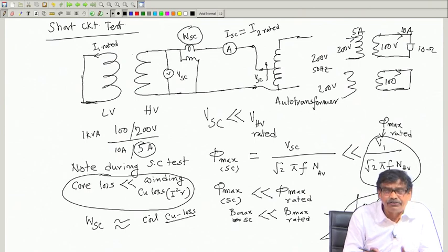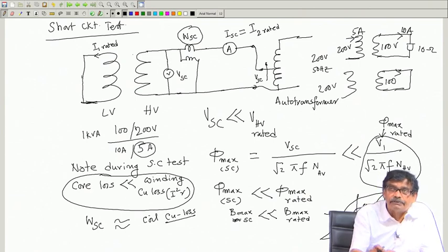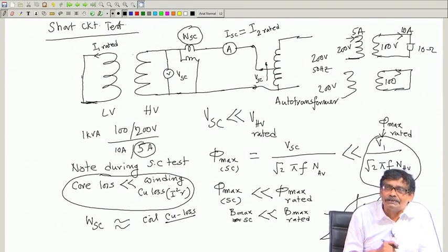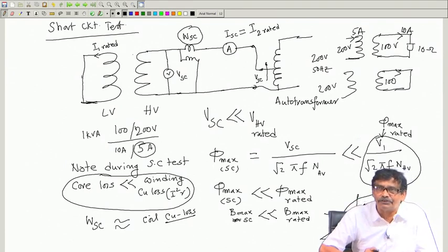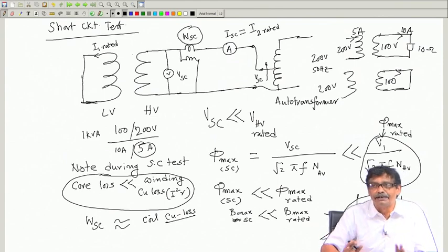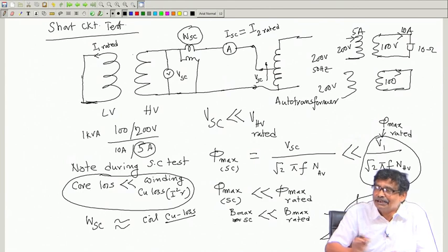You must know I square R loss is copper loss, it is occurring in the copper. Core loss is occurring in the iron. That is also some I square R loss, we have seen that, but people do not call that copper loss, they call it iron loss, fine, because in the iron the eddy current flows.